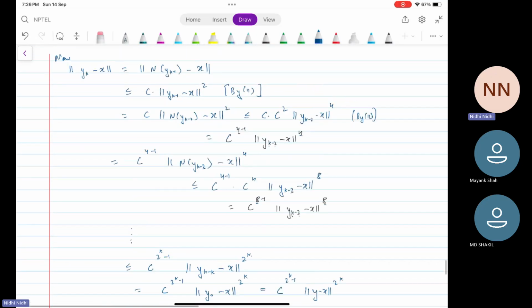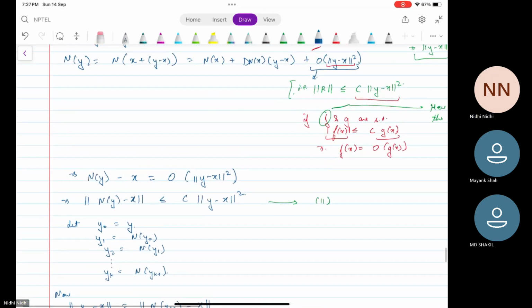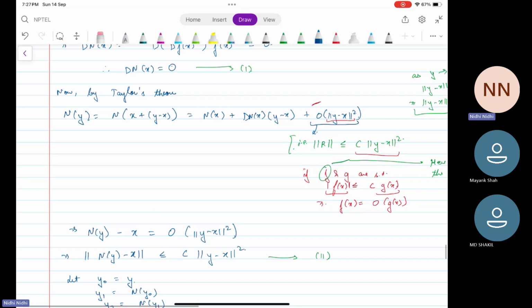The c is coming due to the Taylor's theorem. Eventually it is depending on the function.